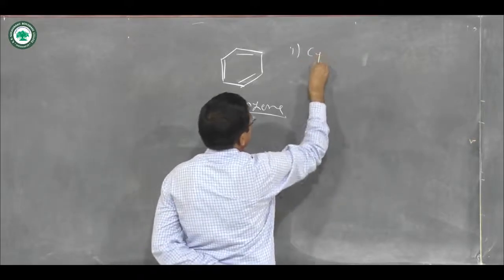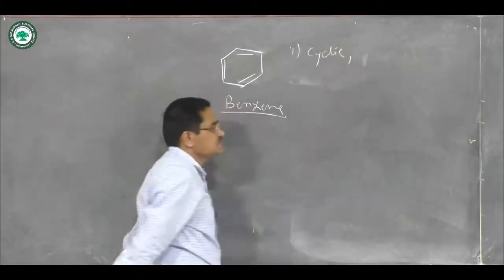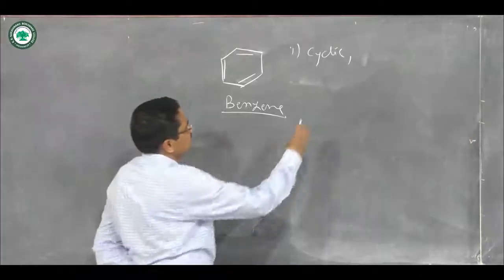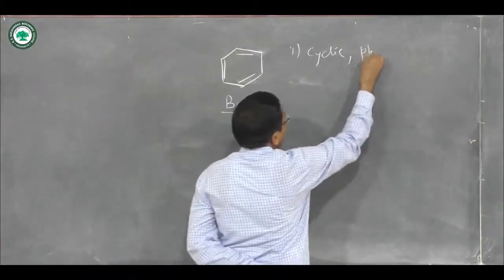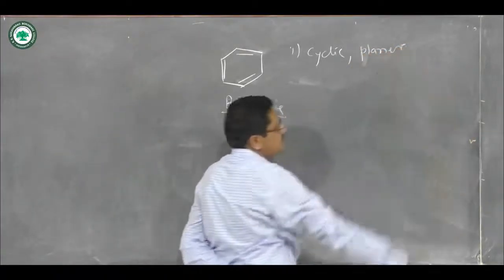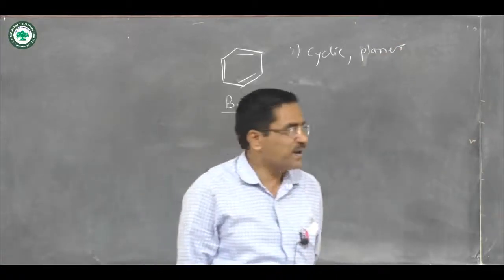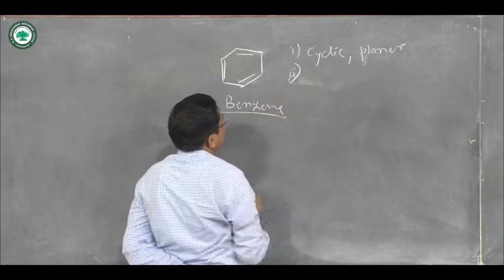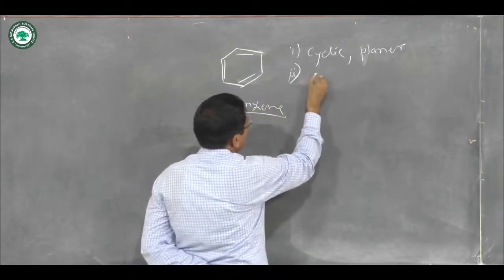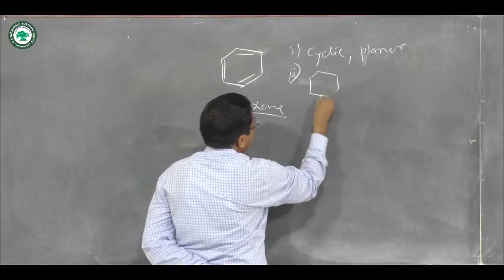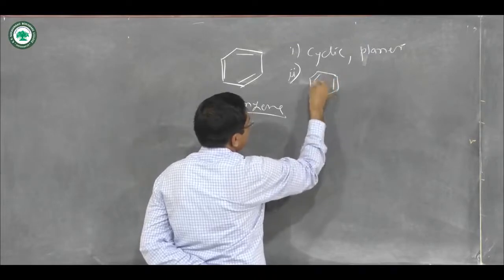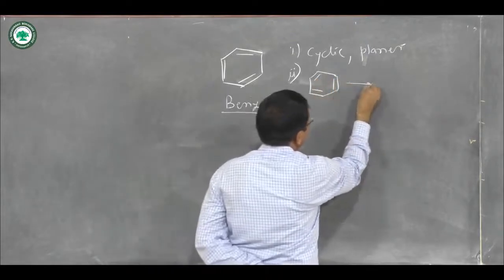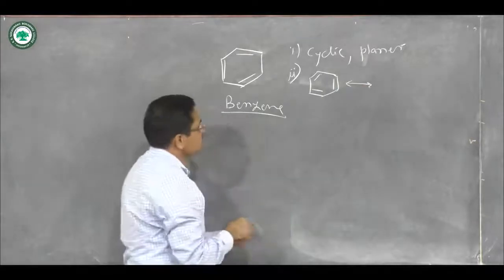Yes, this benzene ring is cyclic in nature, and all carbon atoms are sp2 hybridized. So this is planar. Second one, there is delocalization of pi electrons, means we delocalize the pi bond through resonance.